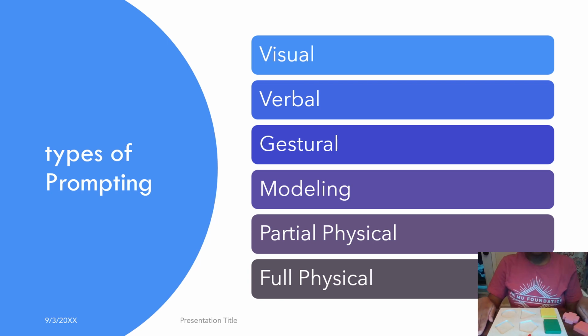I just used the gestural prompt where I pointed to the puzzle piece. That was an example of modeling prompt.